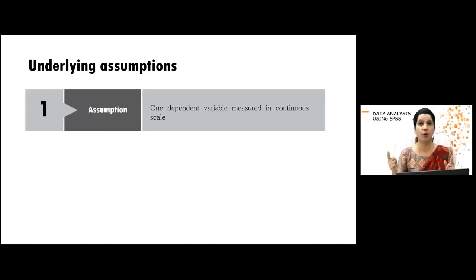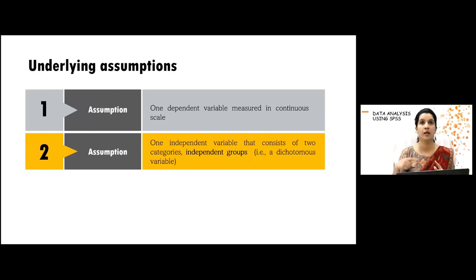I hope all of you now understand what a continuous scale is. The second assumption is that there should be one independent variable that consists of two categories, which should be independent groups and dichotomous, meaning it should have two categories.